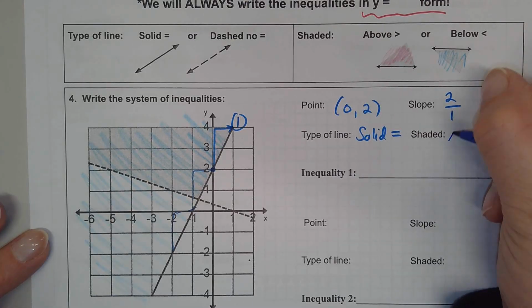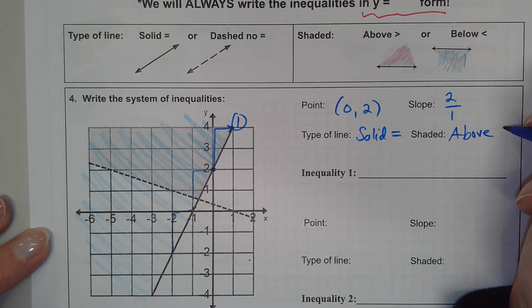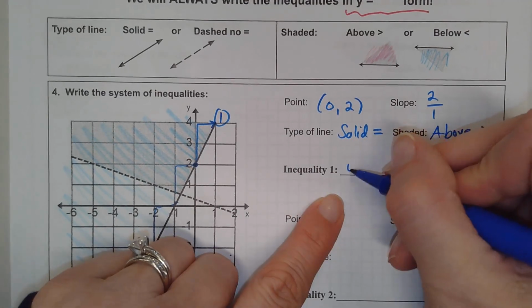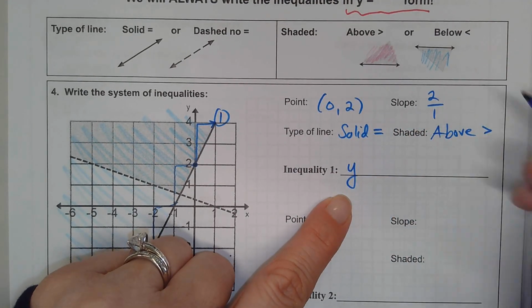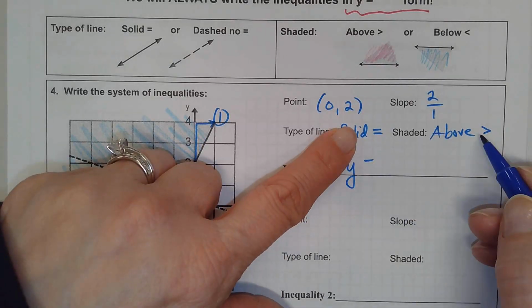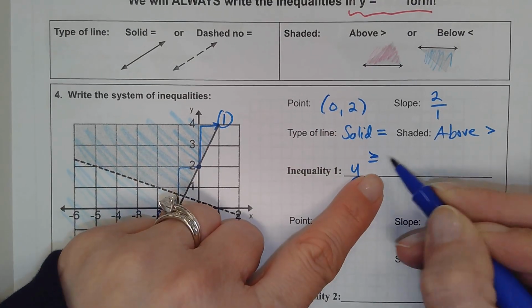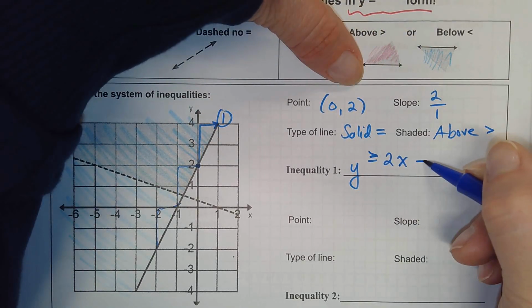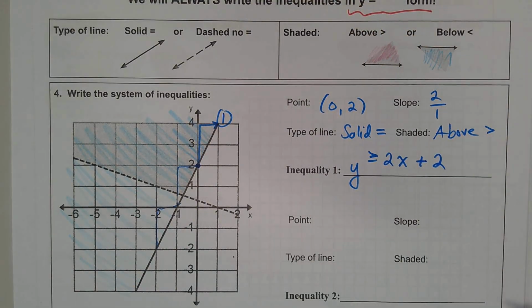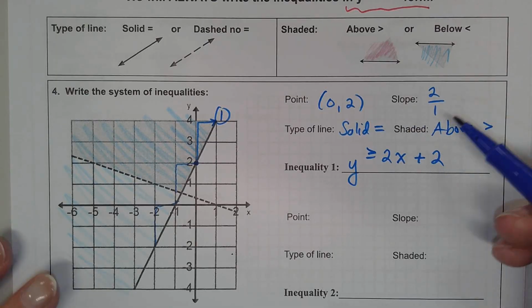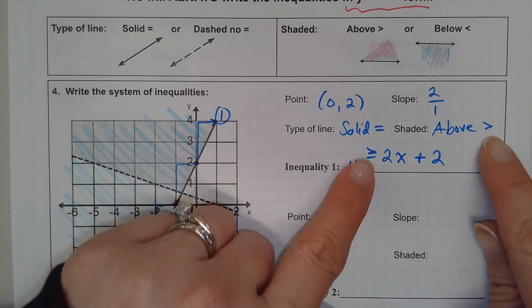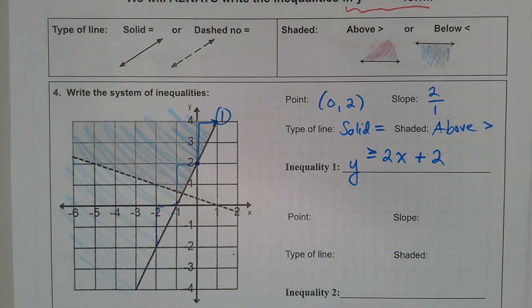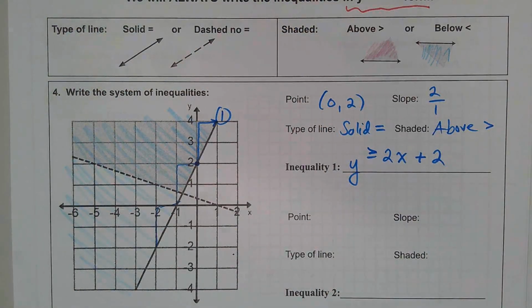So above needs to get a more than symbol. All of these clues have to go into your equation. y is greater than or equal to 2x plus 2. I got the y-intercept and the slope. I got the greater and the equal sign. Put all your clues into your inequality.